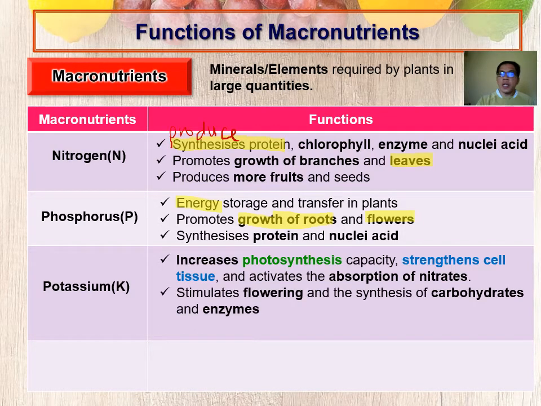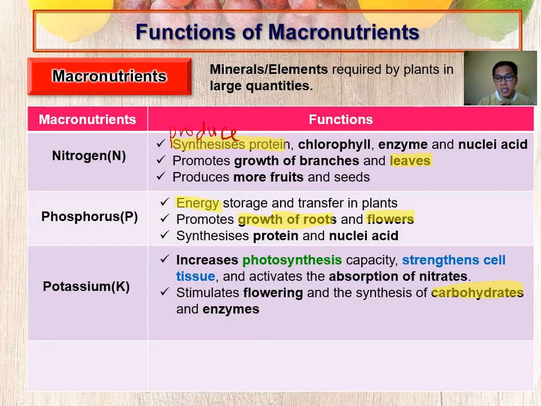Okay, and then potassium is also important in stimulating flowering and synthesizing of carbohydrates and enzyme. Nampak di sini, stimulate synthesizing of carbohydrate. Seperti yang saya beritahu sebentar tadi, we as a human get our carbohydrate through the food.